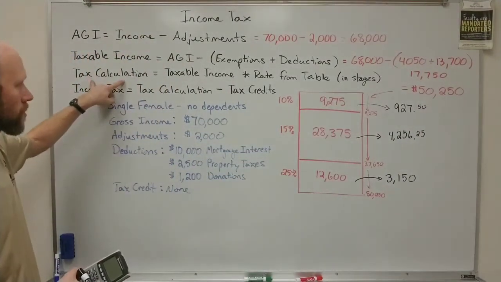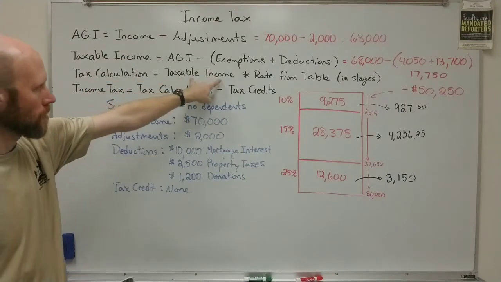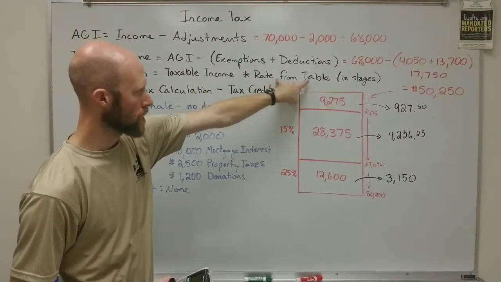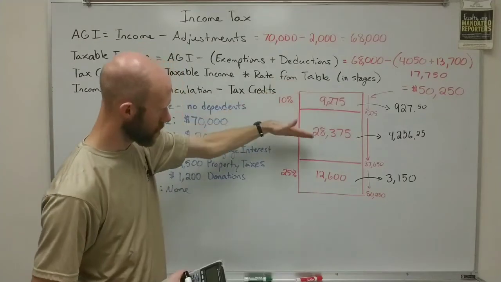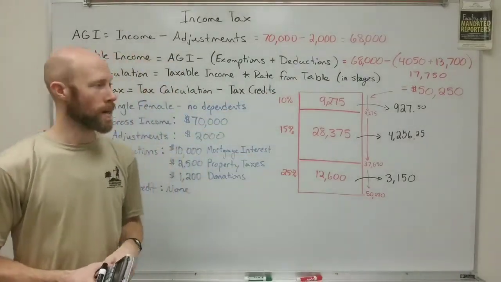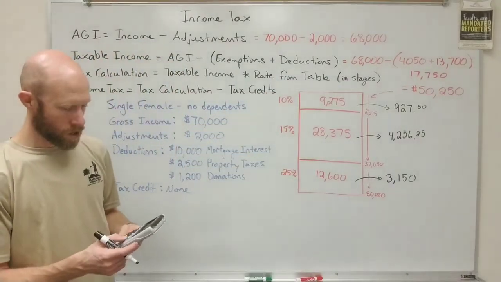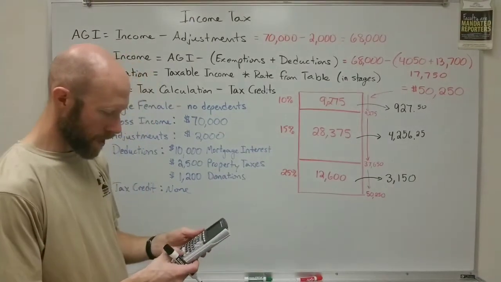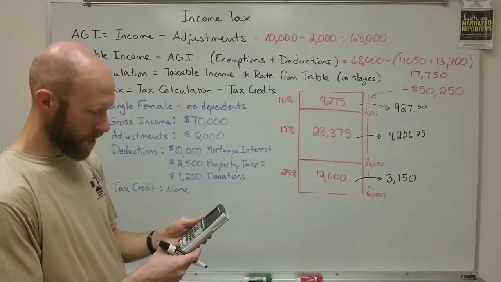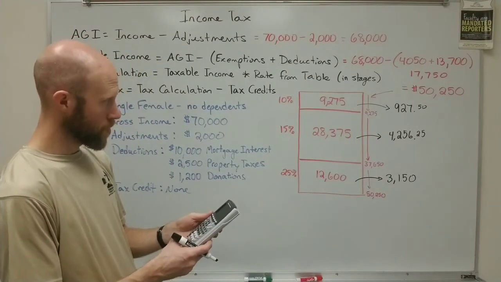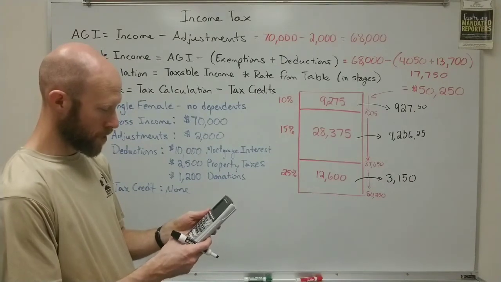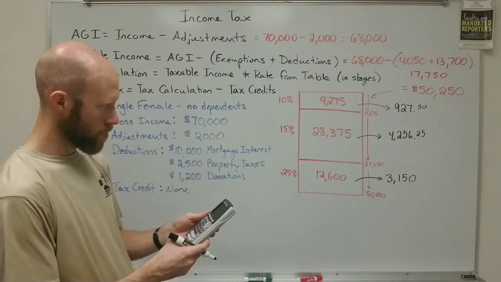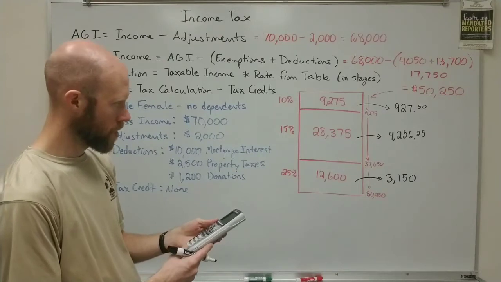me the tax calculation. So I have the taxable income multiplied by the rate from the table in stages, so each of these 3 stages, and then we add them together. So adding them up, we get 927.5 plus 4256.25 plus 3150.